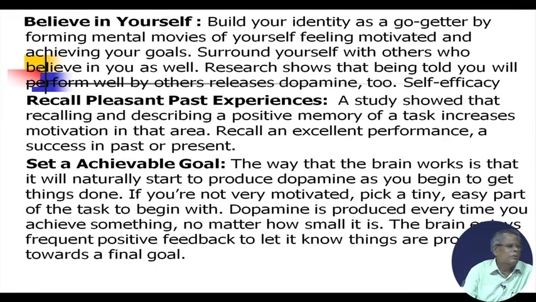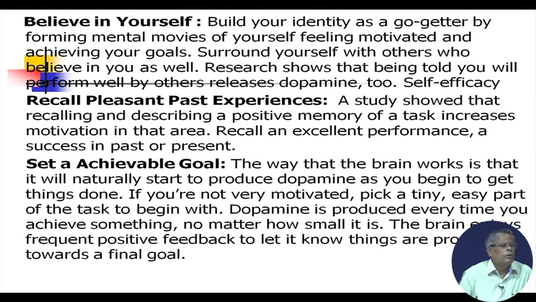Here are some tips. Believe in yourselves. Build your identity as a go-getter by forming mental movies of yourself, feeling motivated and achieving your goal. Surround yourself with others who believe in you as well.